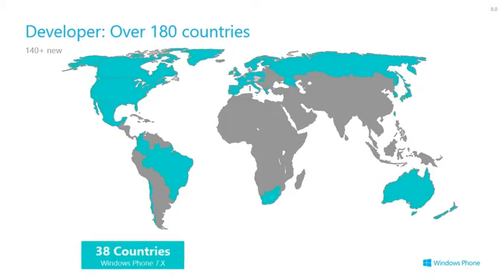When we started, 38 countries were supported with Windows Phone 7.x, and now that has expanded to over 180 countries. If you're not in one of those 180 plus countries, Microsoft has some global publishing partners who can help you and submit your apps on your behalf to the store and handle that submission process for you.